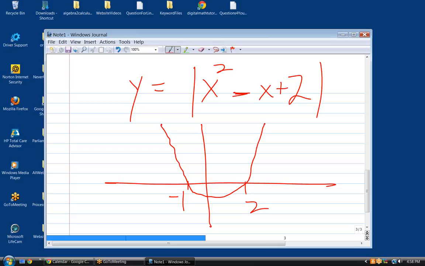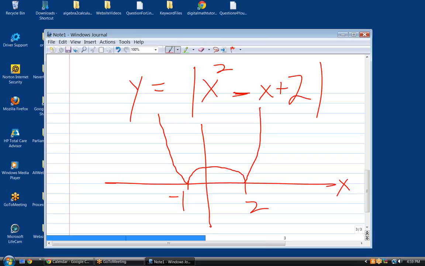Anything that's in negative territory would become positive territory. So if I were to graph the absolute value of that, that's what it looks like. In other words, the part of the parabola that was below the x-axis gets flipped automatically.